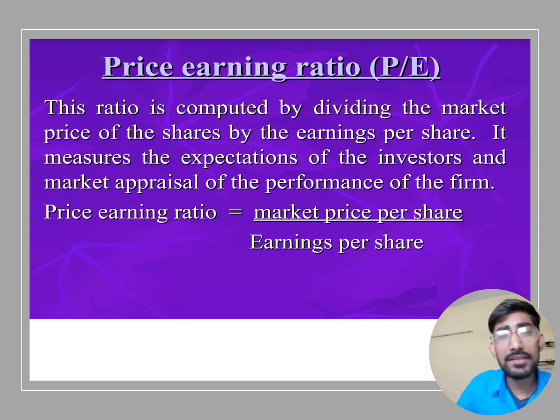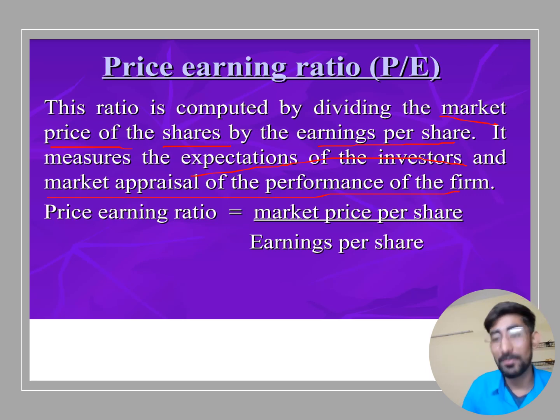Coming up, price earning ratio, that is the PE ratio. This ratio is computed by dividing the market price of the share by earning per share, that is EPS. That means it measures the expectation of the investor and the market appraisal of the performance of the firm.